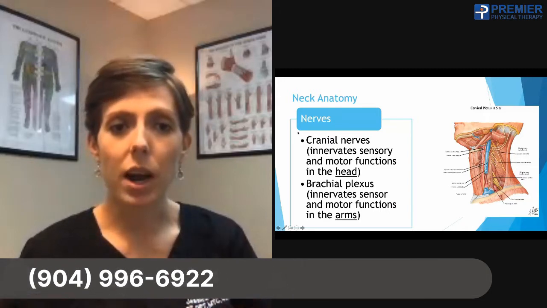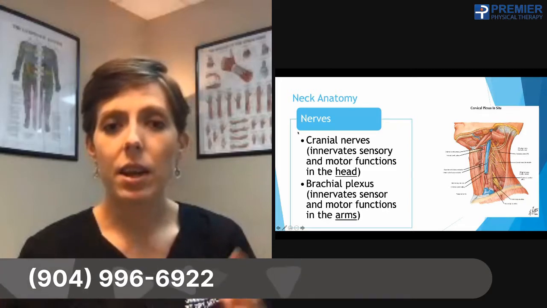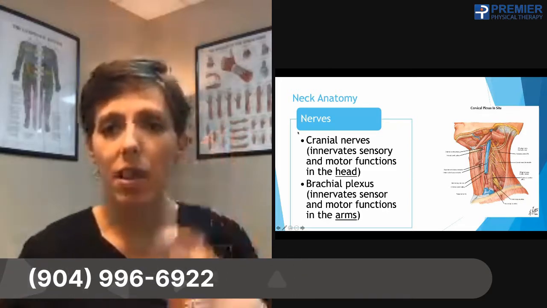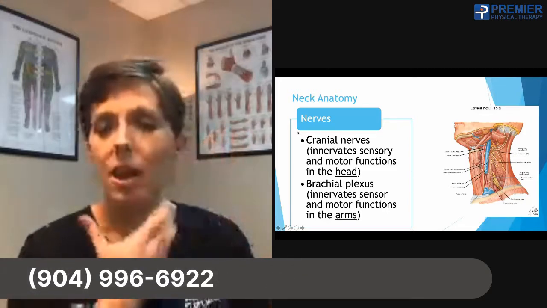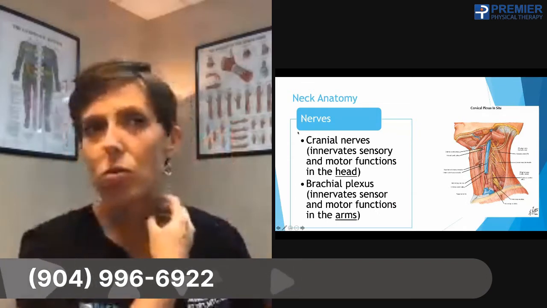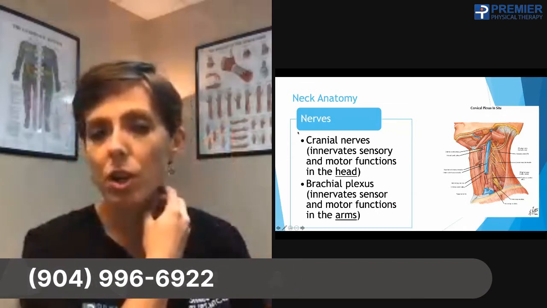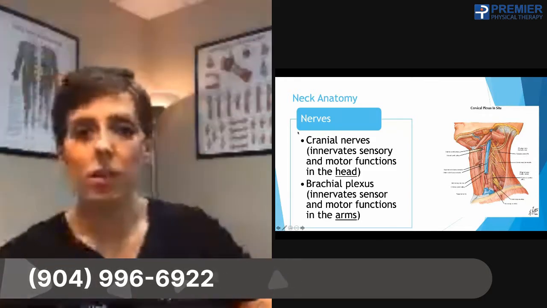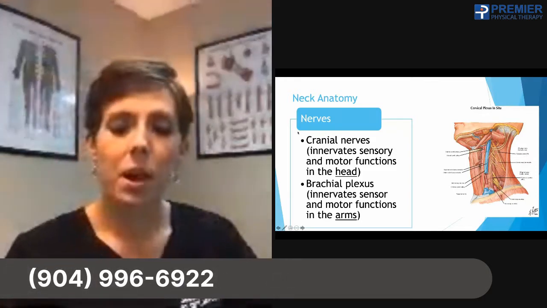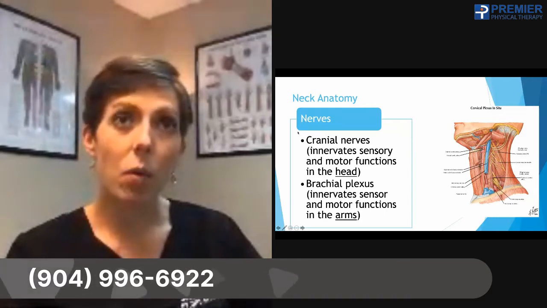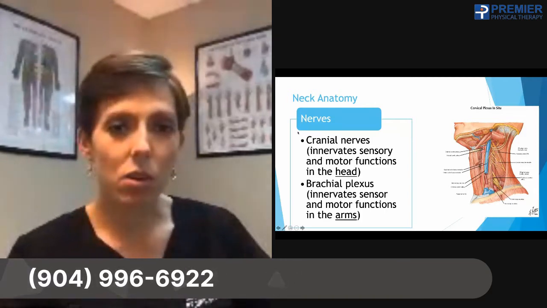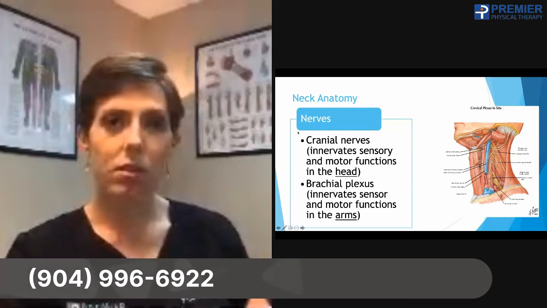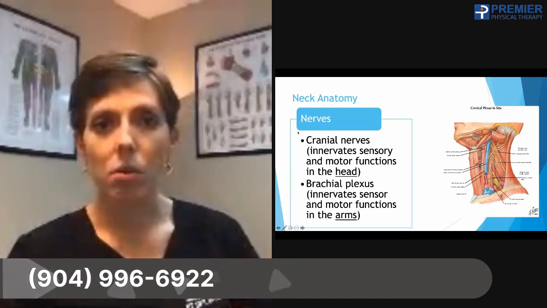And so we've got cranial nerves that innervate into the head and face, and then we've got what we call the brachial plexus that exits from the spine through some of the musculature here in the neck, comes down into the shoulder and arm, and then out and innervates the rest of the arm. So all things that we wanted to have an appreciation for. And then when we are screening for dysfunction, all of these are different things that we are taking into account.